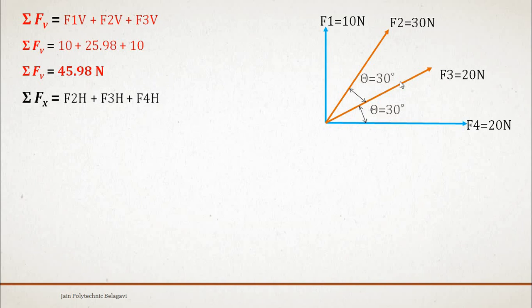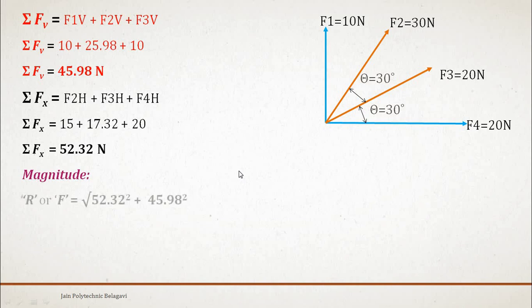The horizontal forces are F2H, F3H and F4H, as we learnt in the previous slide. F2H is 15 Newton, F3H is 17.32 Newton, F4H is 20 Newton, and the summation of all forces acting in the horizontal or X direction is 52.32 Newton.